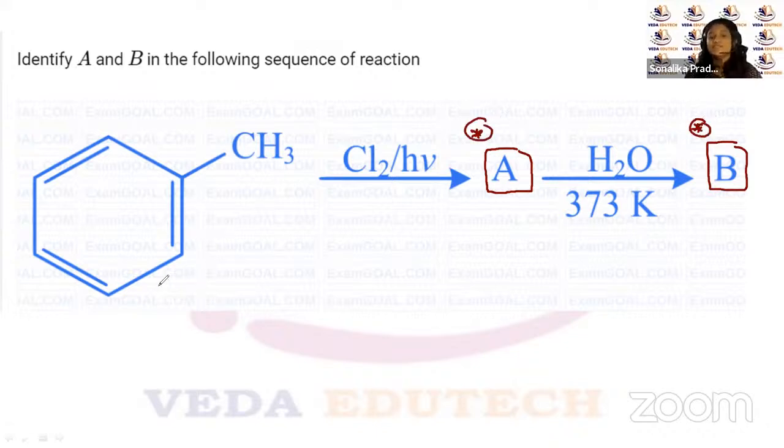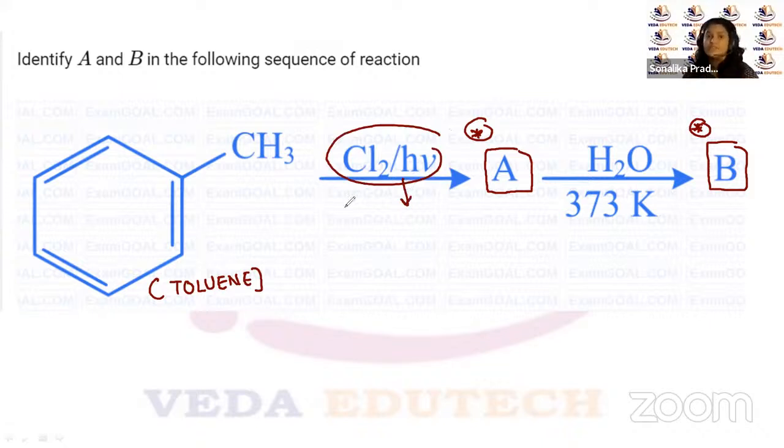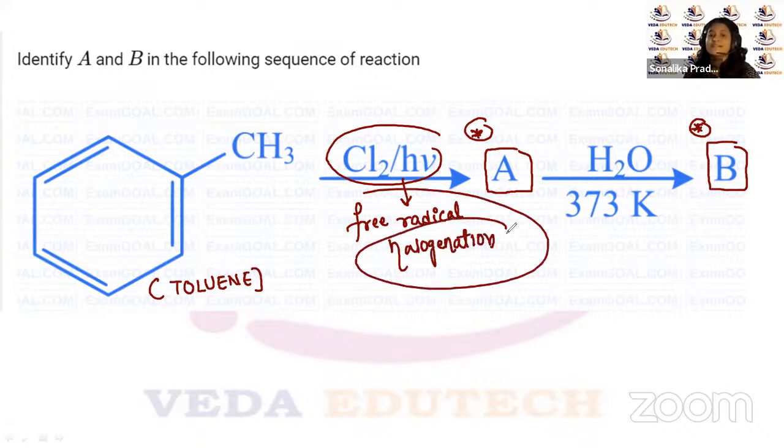As we can see, children, this here is your toluene. And here you can see this reagent, chlorine in the presence of UV, so we know that it is undergoing free radical halogenation. When it undergoes free radical halogenation, which part is it going to attack?